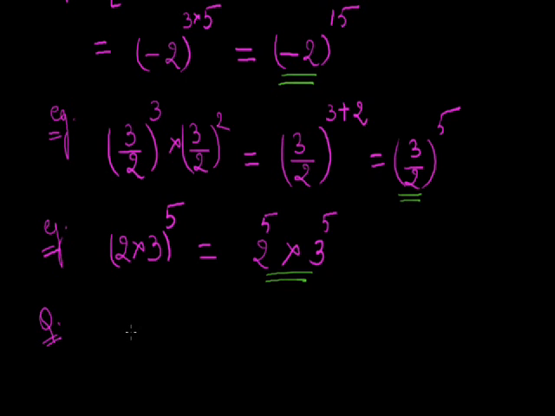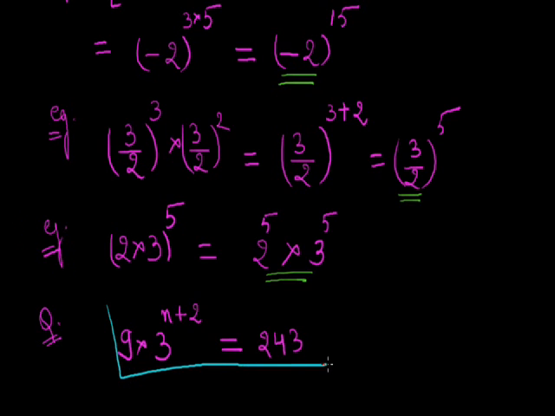It may be like find out the value of a variable n, where the equation in which left hand side is 9 multiplied by 3 raised to n plus 2 is equal to 243. It is an equation given to you and you have to find out the value of n.